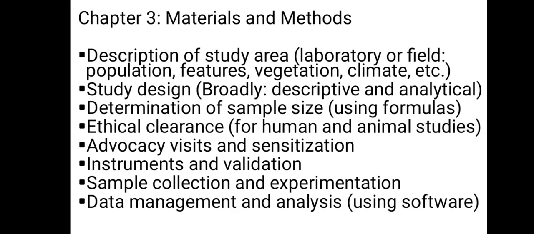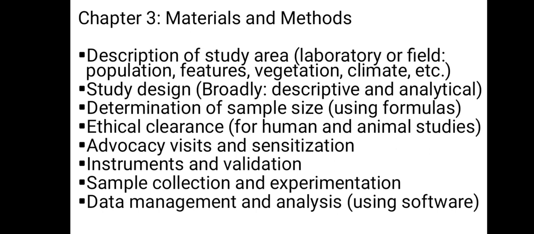And then the next component of a thesis in sciences is materials and methods. Under the materials and methods, you have to describe several units. I've listed them on the slides. The first thing is description of the study area. The second is the study design.